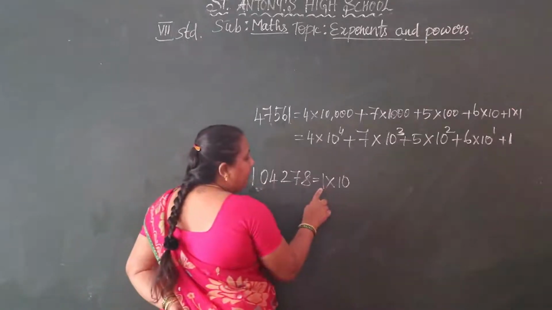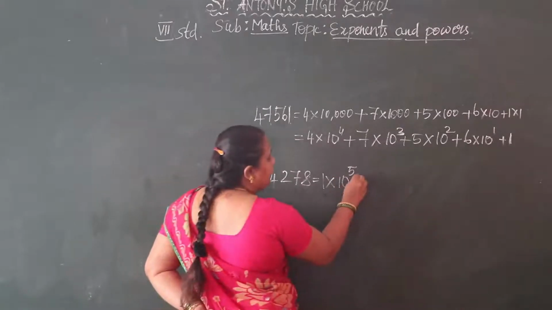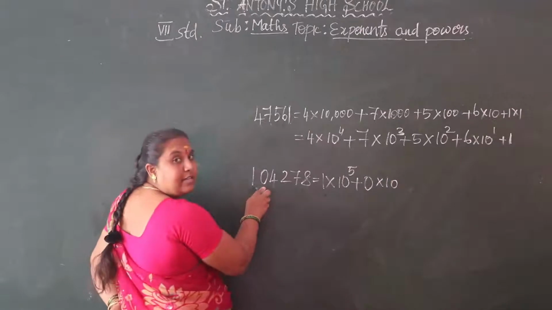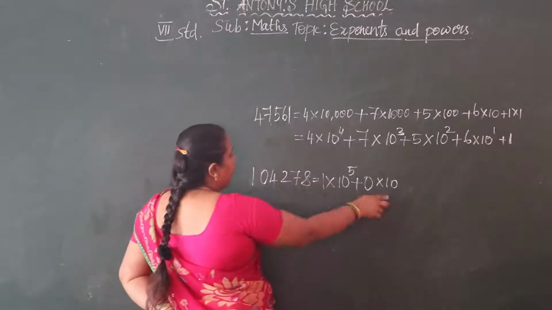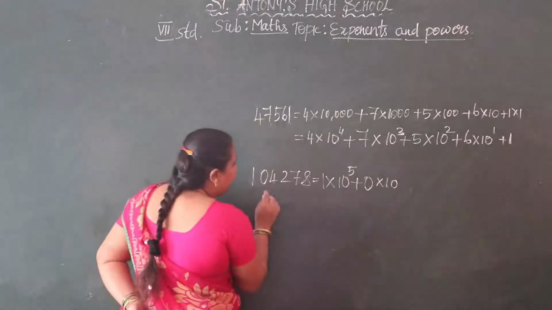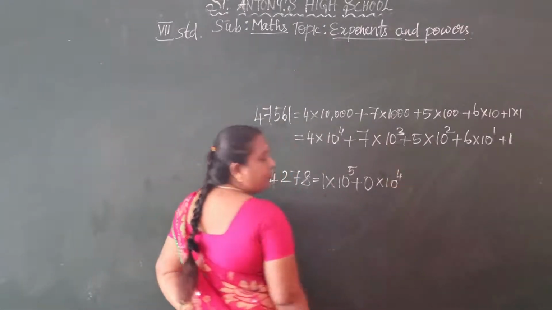So we write 1 into 10 to the power of 5, plus 0 into 10 to the power of, the next number is 0. Leaving that 0, we count 1, 2, 3, 4. So 10 to the power of 4.